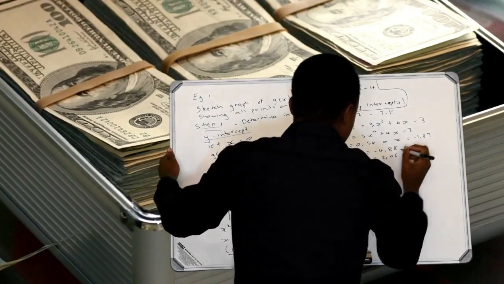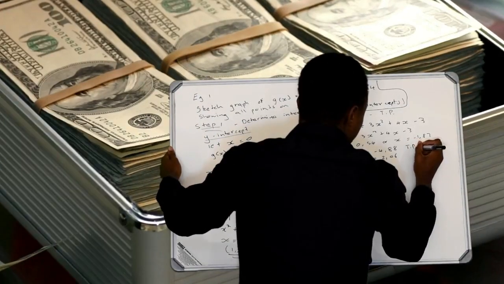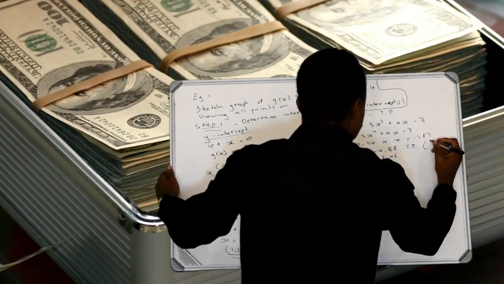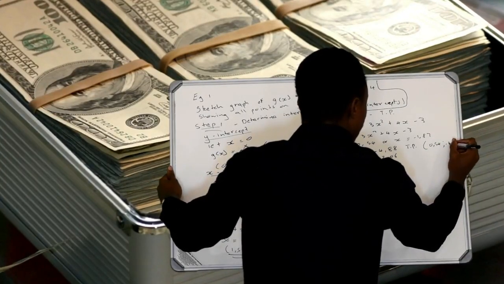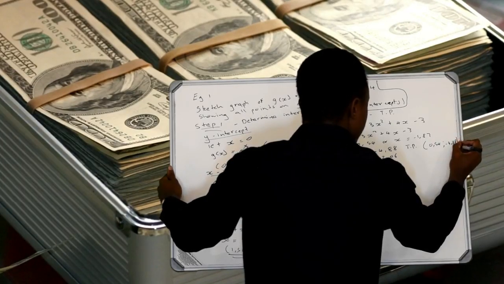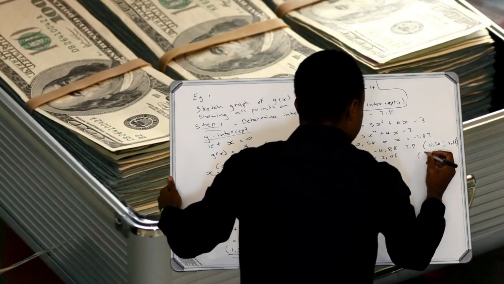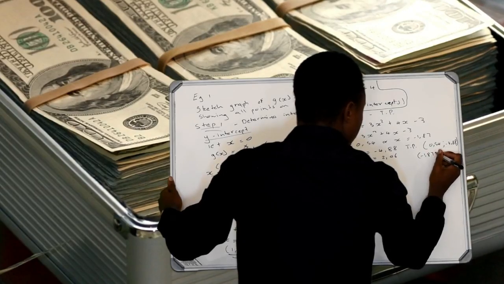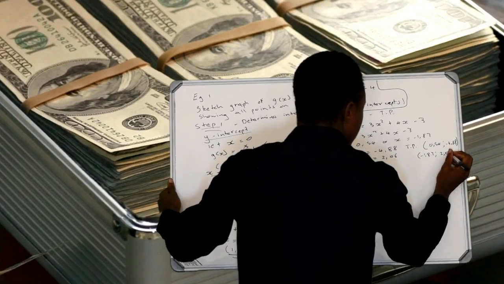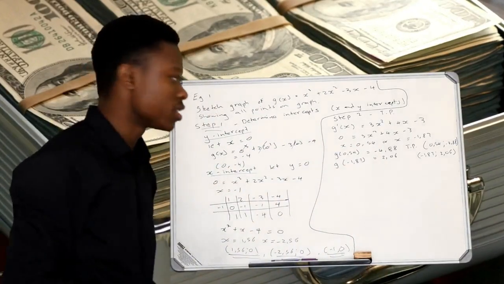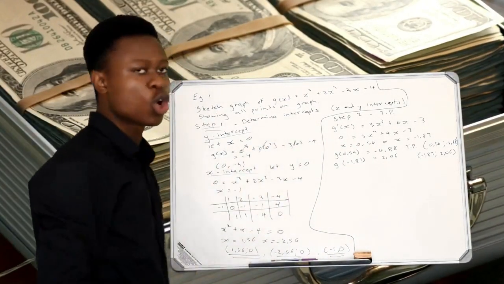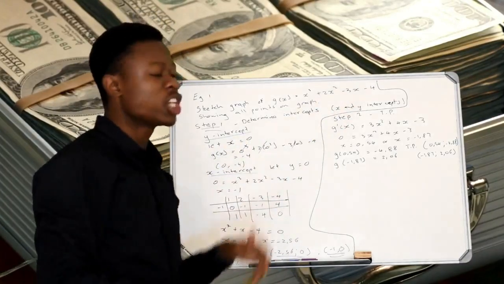The first turning point is 0.54 and negative 4.88. The second one is negative 1.87 and 2.06. So those are my two turning points, and step 2 is complete.